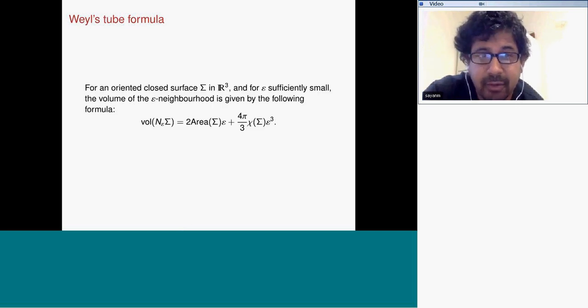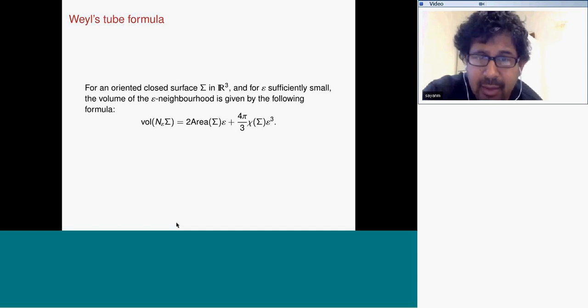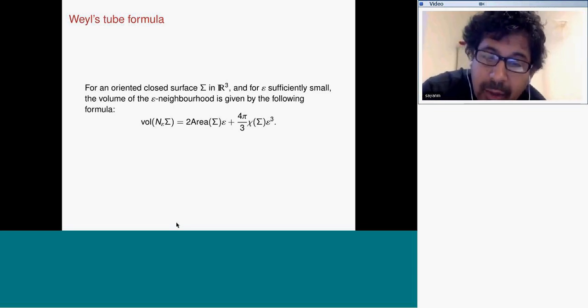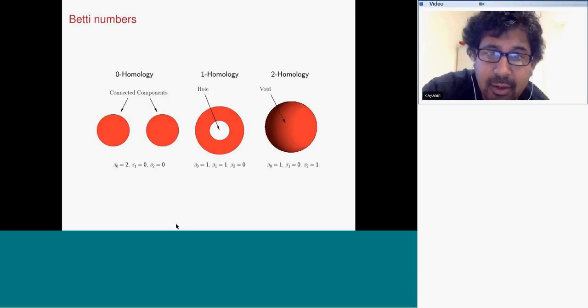The formulation of this is, if you have an oriented closed surface, the volume of the epsilon neighborhood can be given by a function of the area and the Euler characteristic. It's interesting that the Euler characteristic enters here, and later on we will talk about other types of topological summaries of data. Here our data is a closed surface that helps us characterize or model data.